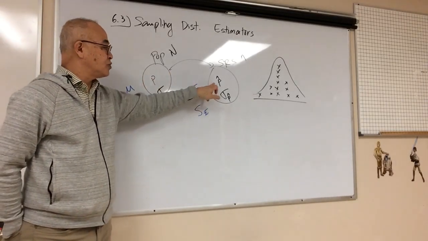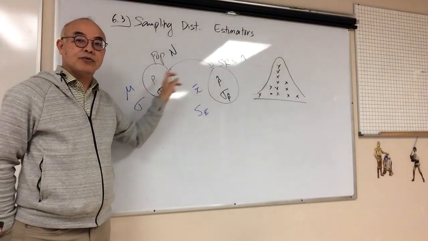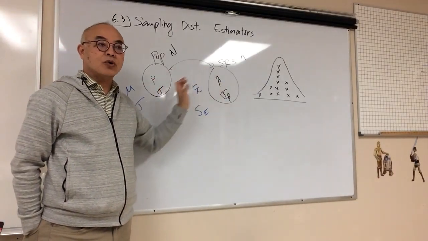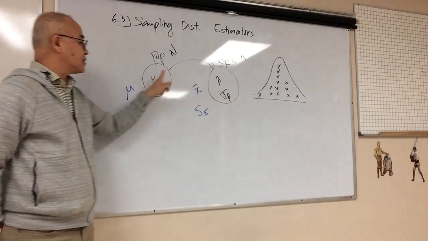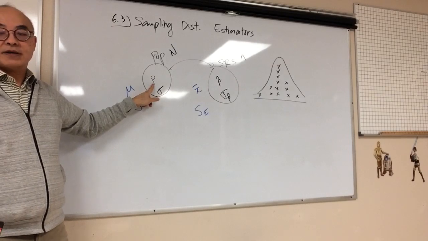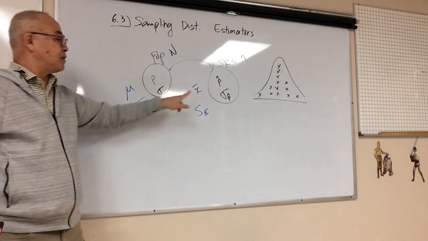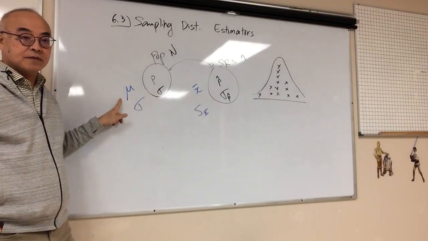So I am using this to estimate this, but because they're the same value, there is no bias or no correction that I have to make to this to estimate this. That's why it's called an unbiased estimator. Okay? Same thing for this. This is an unbiased estimator for this.